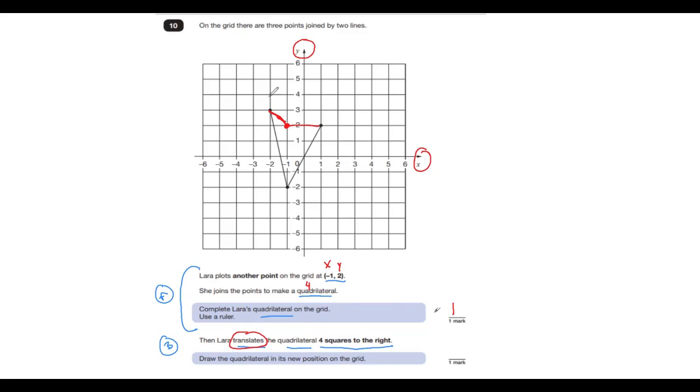If we start at the very top coordinate, we can go 1, 2, 3, 4. So this is where our new point is here. And if we go down to the very lowest point and go across 4 places to the right, 1, 2, 3, 4. This is another new coordinate.